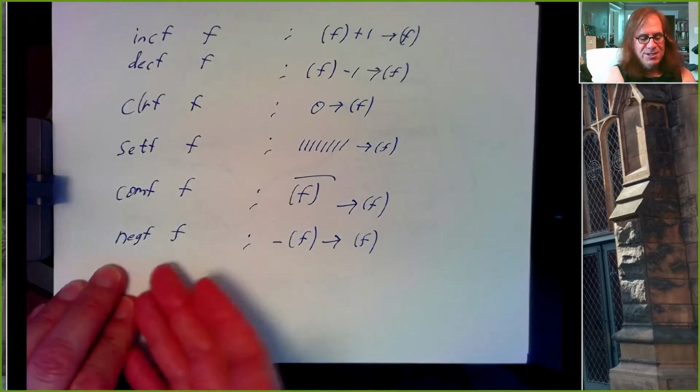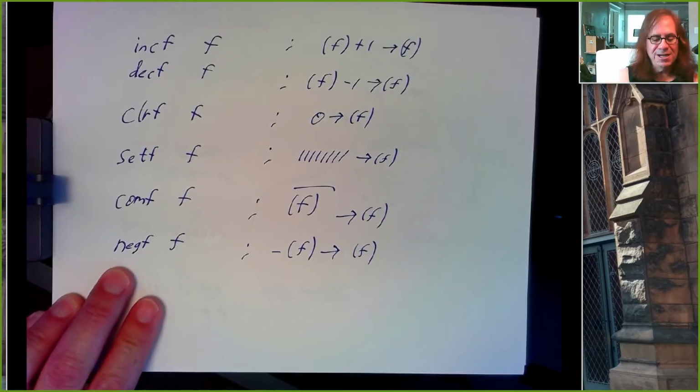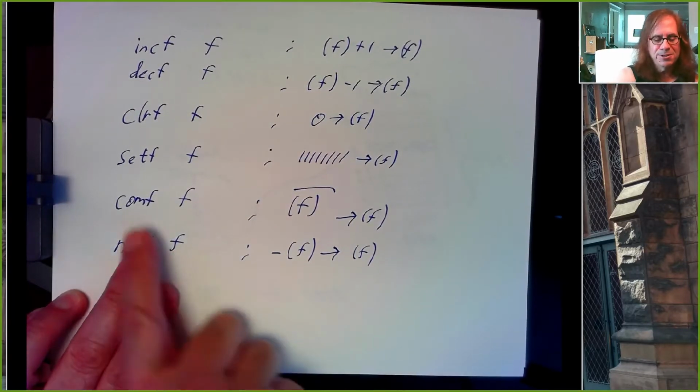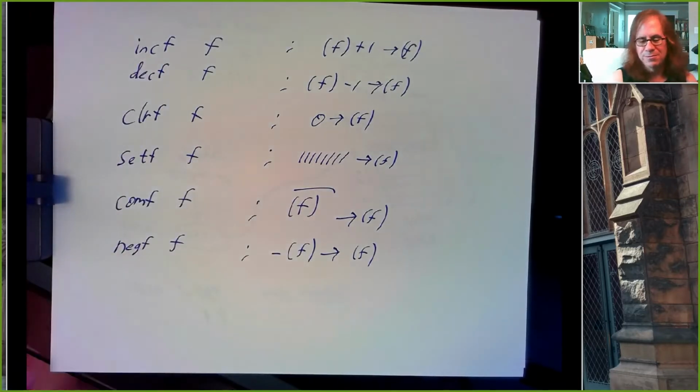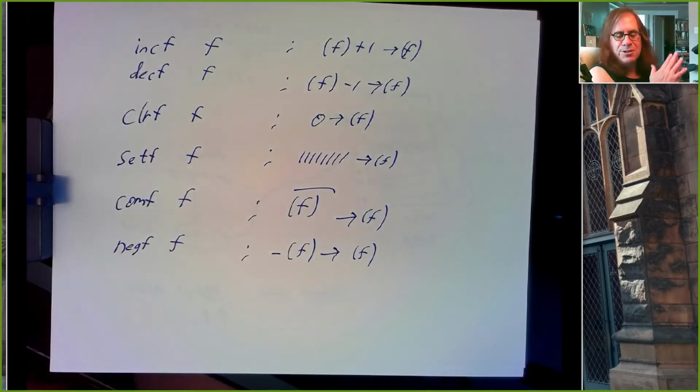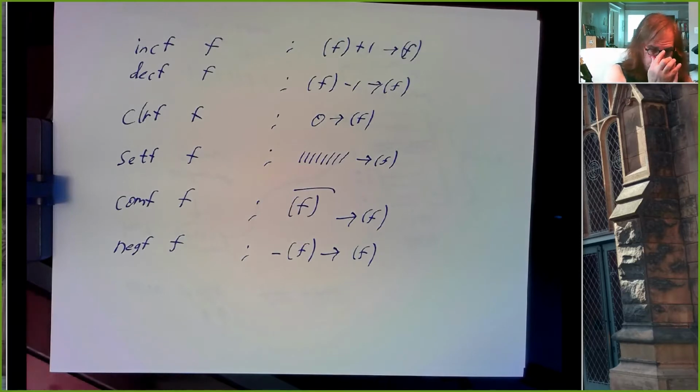We don't need a negate instruction, therefore. Anytime that we wanted to take the negative of a number, we could just complement it and then increment it. It's sort of an extra instruction. Now, usually a RISC machine has the bare minimum number of instructions that you need to write code effectively.